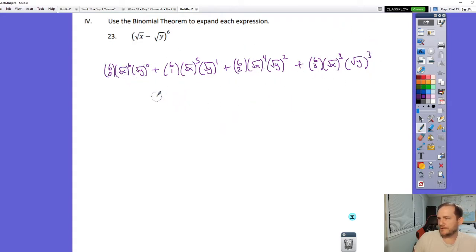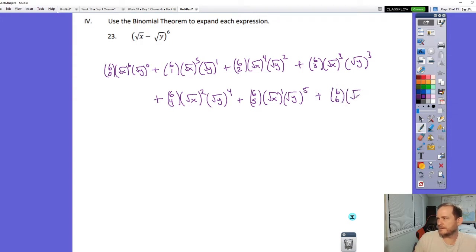We need 3 more. 6 choose 4. 6 choose 5. And lastly, 6 choose 6. Root x to the 0, root y to the 6th.